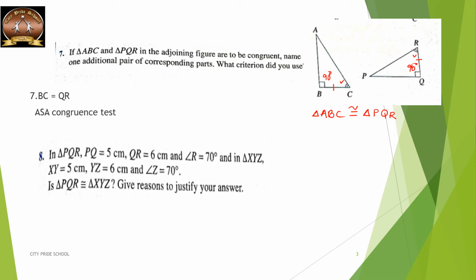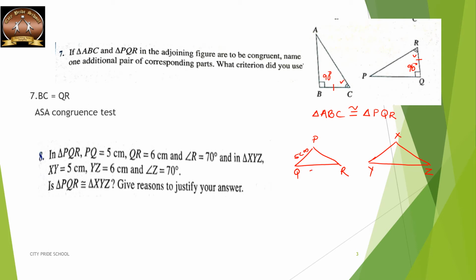So come to the next question, question number 8. In triangle PQR, one triangle is there, PQR. So let me draw two triangles. That is, one triangle will be PQR and the other triangle is XYZ. Okay, so they are saying that PQ is equal to 5 centimeter. So I'll just write here 5 centimeter.